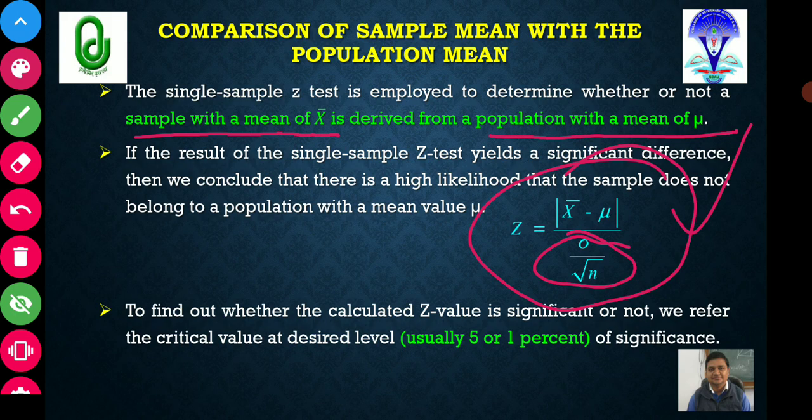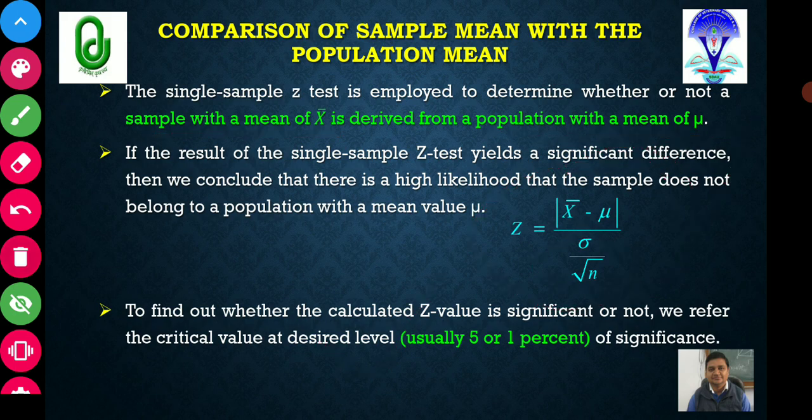You have to apply this formula and get the value of Z. Now, after getting the value of Z, you have to compare it with the critical value. Critical value at 5% level is 1.96 in case of two-tailed, and at 1% it is 2.58. This is how we proceed with the test.